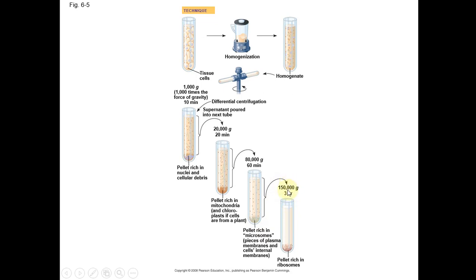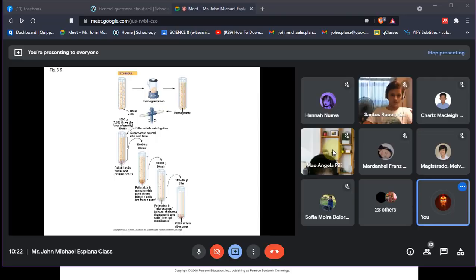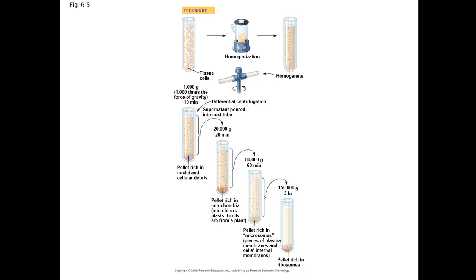We can get for 450,000 times the force of gravity for 3 hours. We can get the ribosomes, which are the smallest part of a cell. Pellet-rich in ribosome. Pinakamaliit siya. Nagigets niyo yung sa illustration? Nakuha? Okay, very good.